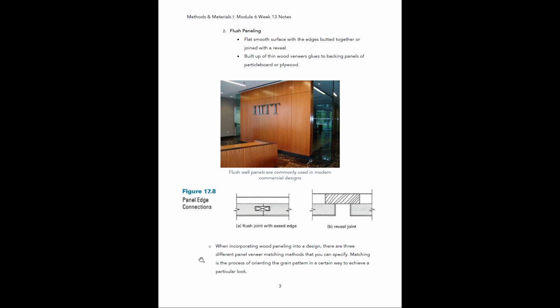All right. So when incorporating wood paneling into a design, there are three different panel veneer matching methods that you can specify. Matching is basically the process of orienting the grain pattern in certain ways to achieve particular looks. I'm going to explain this a little bit, but as you can see, this tends to get pretty complex pretty quickly.